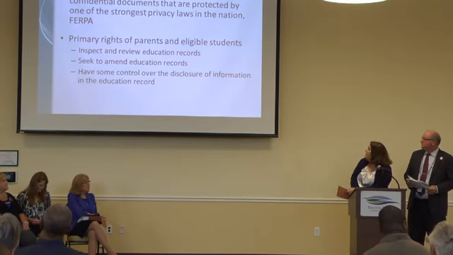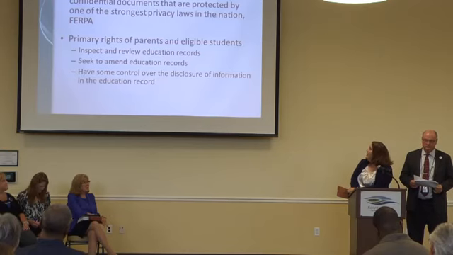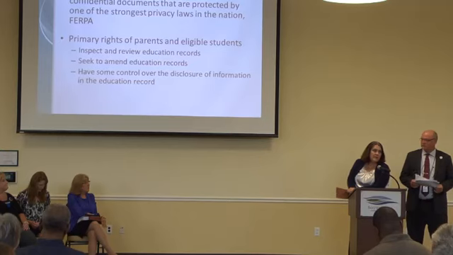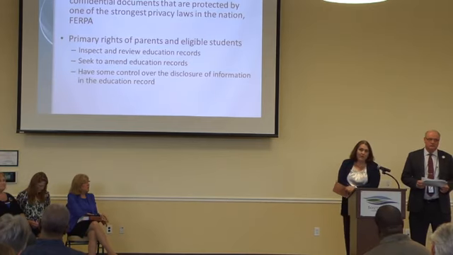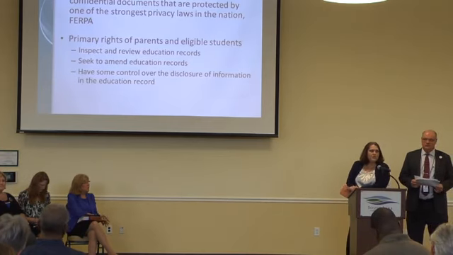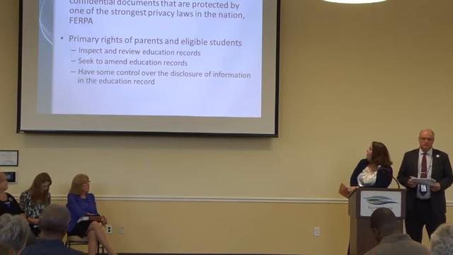Primary rights of parents and eligible students are that they can inspect and review their child's educational records. They can seek to amend an educational record if they feel that something contained in there is inaccurate. They also have some control over the disclosure of information in the educational record. And by some control, it's really a great deal of control, but there are a few exceptions.